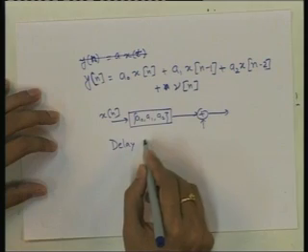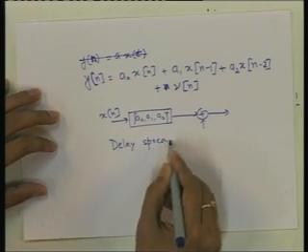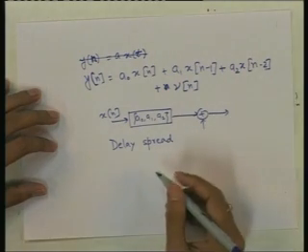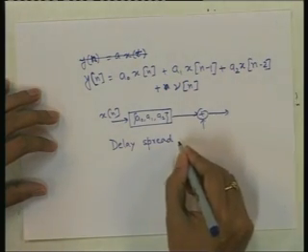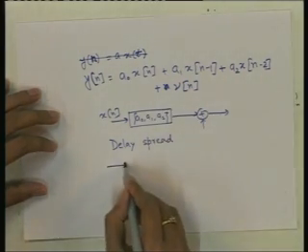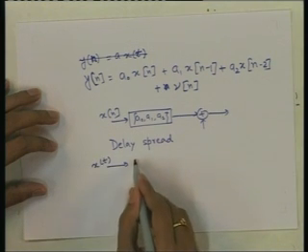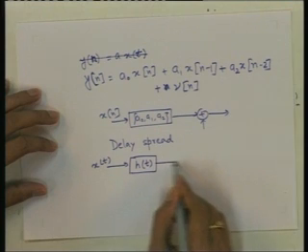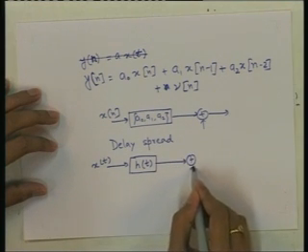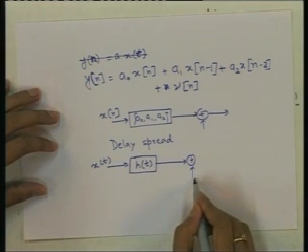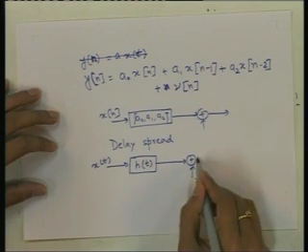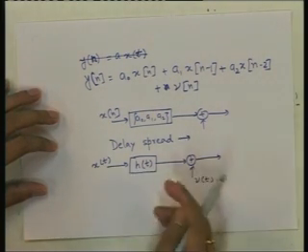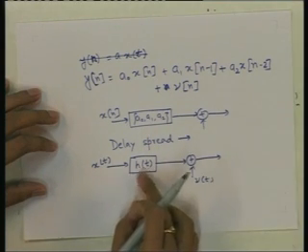In the continuous time case, usually these samples, this delay 1 will mean some microsecond or millisecond. So, this is the delay spread. For the continuous time case, it will have some continuous h(t). So, the delay spread is the range of values of t for which h(t) is non-zero.